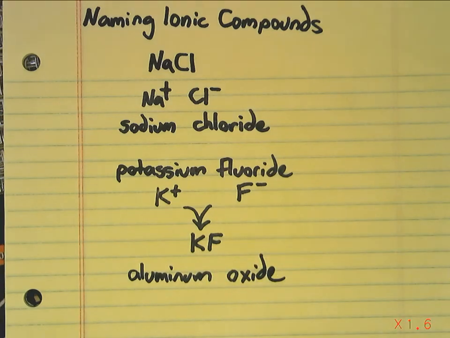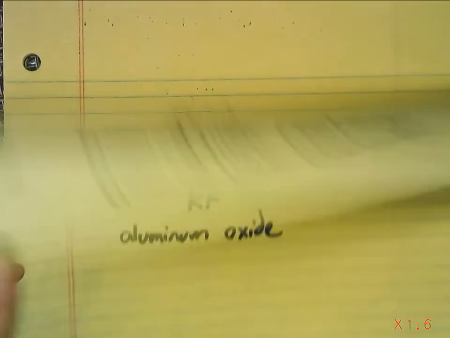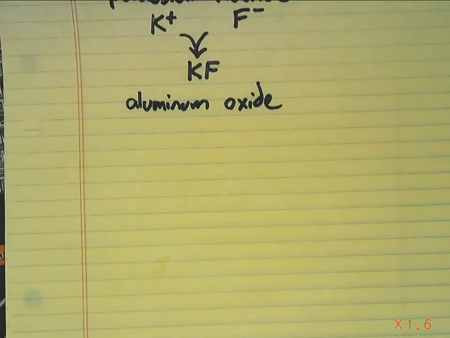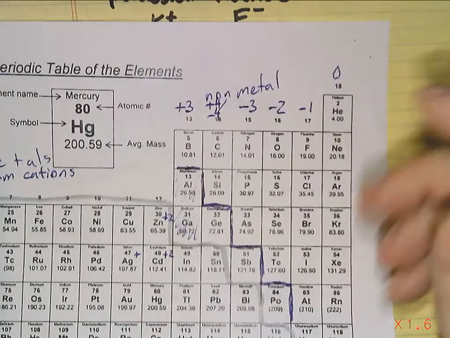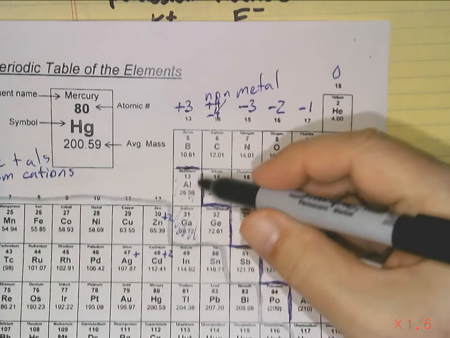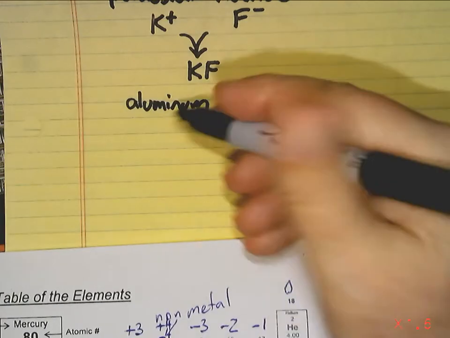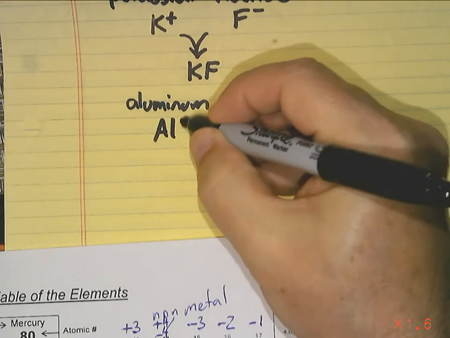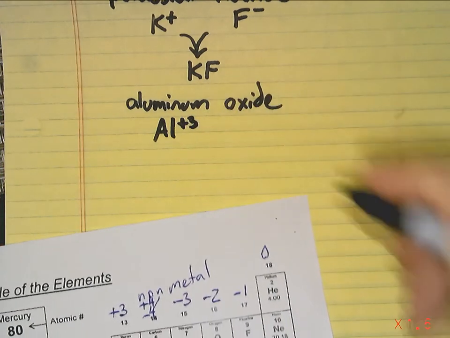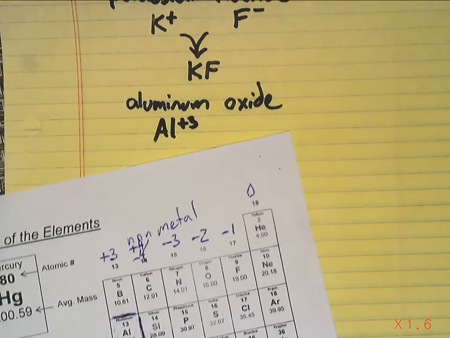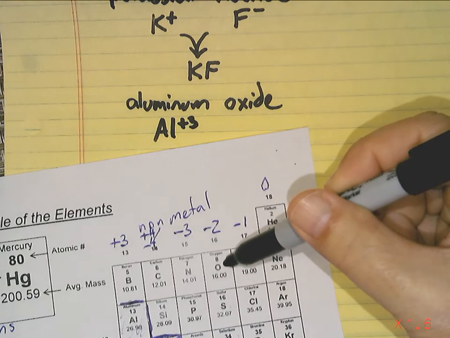Let's write the formula for aluminum oxide. All right, I'm going to look at my periodic table, and I find aluminum here. It's got a +3 charge. And I find oxygen on my periodic table. There it is.